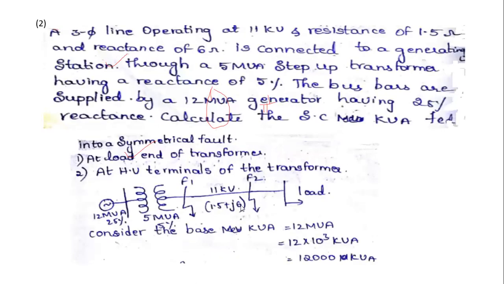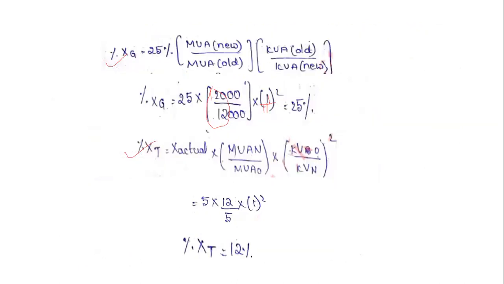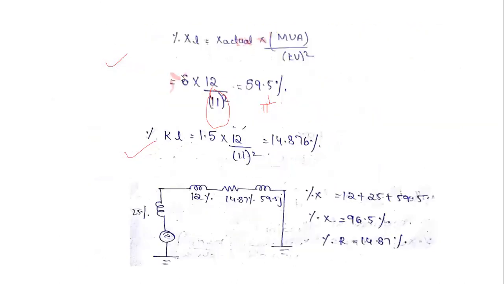This is the R and this is the X. What is the X value? That is 6. 6 into, what is the base MVA? 12. We are considering base MVA is 12. What is the KVA? 11. So 6 into 12 by 11. This is the transmission line reactance.